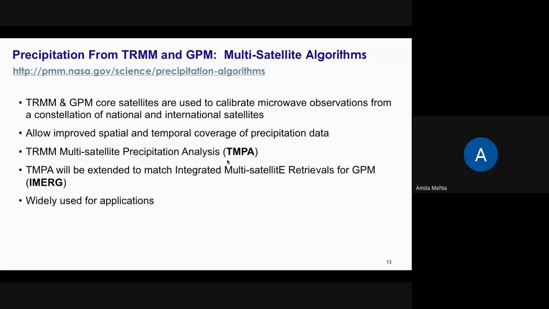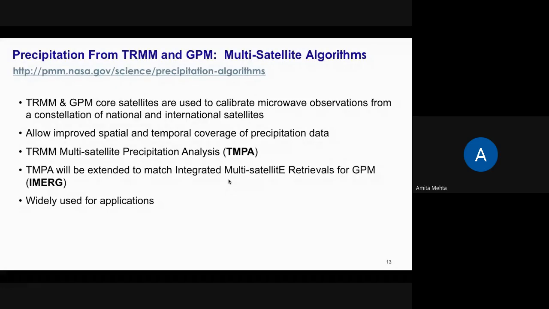TMPA has now been extended with a similar concept called IMERG, the Integrated Multi-satellite Retrievals for GPM. So it's a very similar concept. Multiple satellites are used, and as many microwave observations as possible are used.